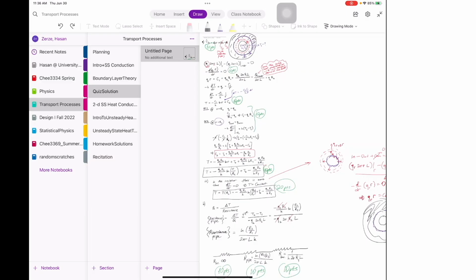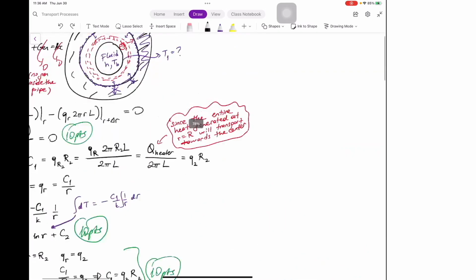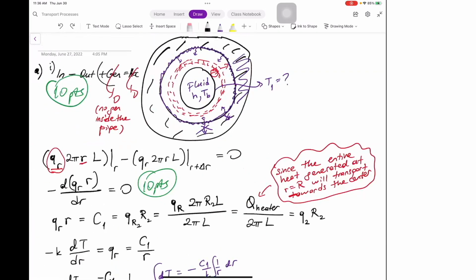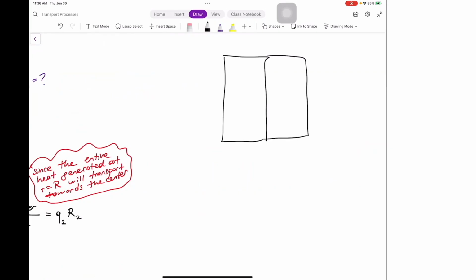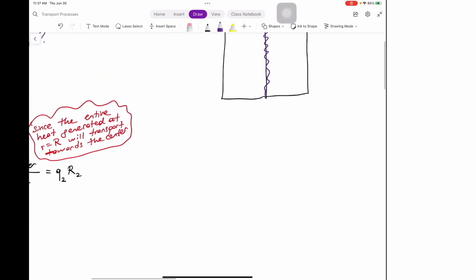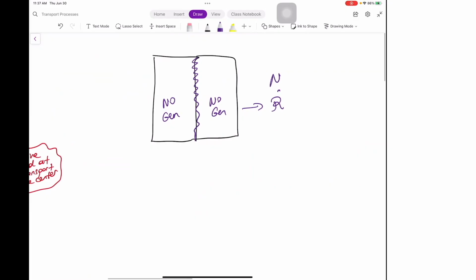I like these types of problems, especially where most of the people struggled was this part. The generation is 0. So you should actually have an understanding between two different situations, for example, imagine that you have a wire that generates heat and no generation here. So I don't have the R dot in my shell balance. No R dot in shell balance.